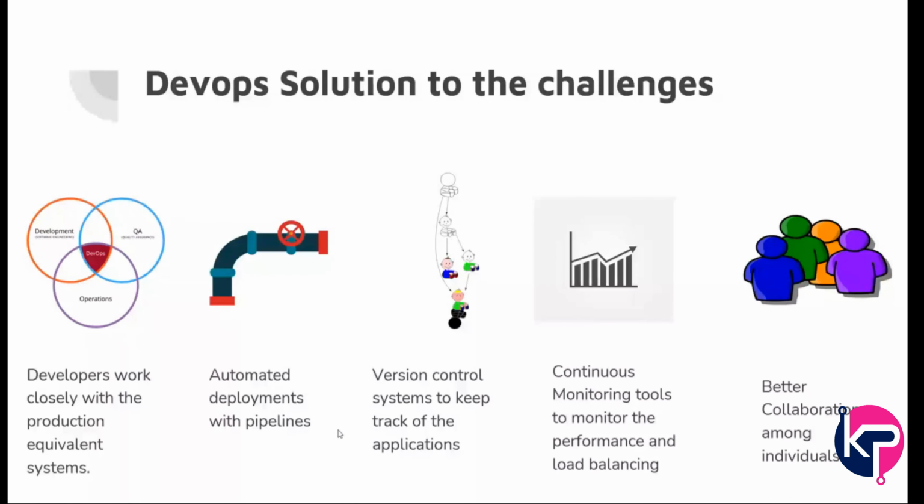Okay, and post that we have better collaboration among individuals. As you are working with the development team, the cloud team, and the operation team, you understand the whole project end to end. So if a new person comes into the project, instead of the developer giving the KT, the overview of the project, you will be the best person to provide the KT because you understand the system entirely.